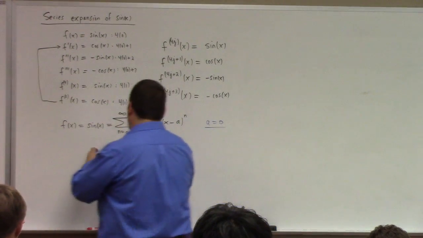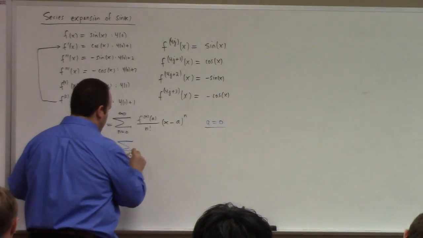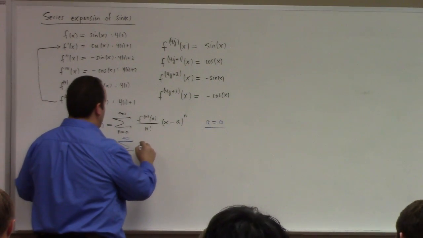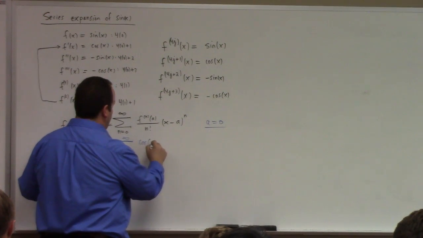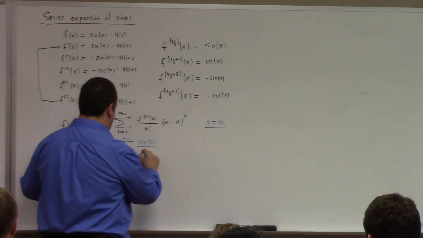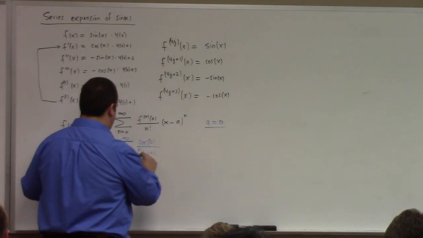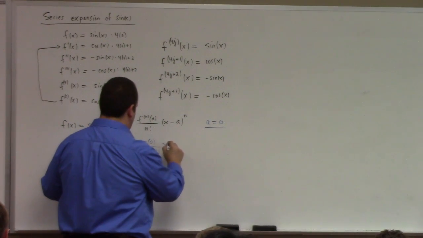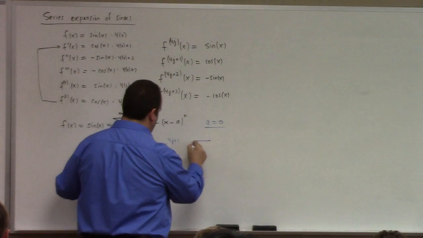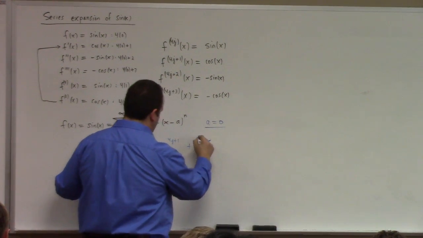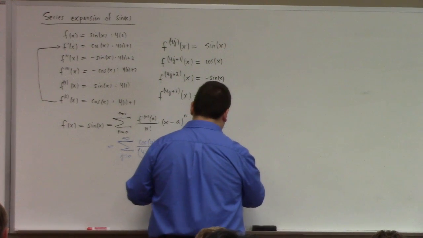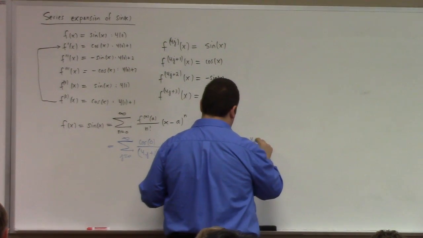In that case, this is just two things, right? The sum j equals 0 to infinity of cosine of 0 over 4j plus 1 factorial times x to the 4j plus 1, plus the sum j equals 0 to infinity of minus cosine of 0 over 4j plus 3 factorial times x to the 4j plus 3.